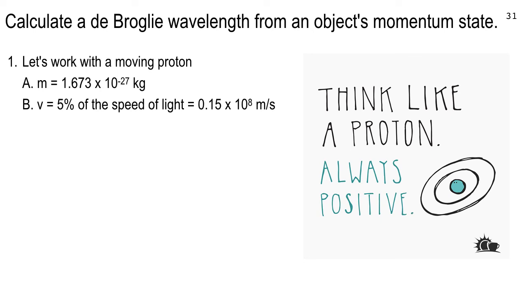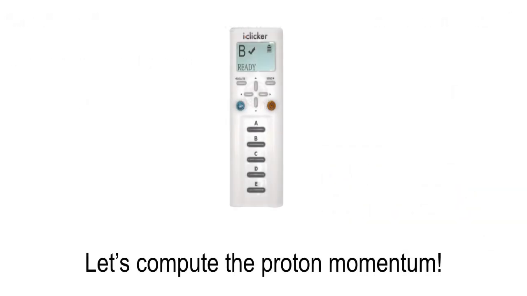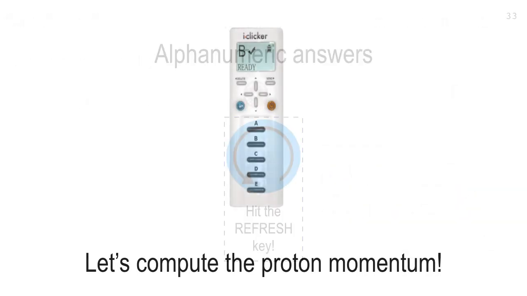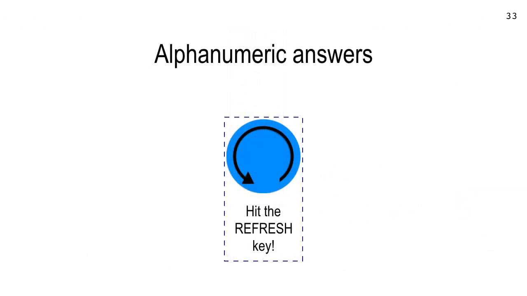So there's our mv. What we're going to do is calculate the proton momentum, so make sure you have those down. Now hit the refresh key, because we're going to go to alphanumeric answers. Here's the same data.